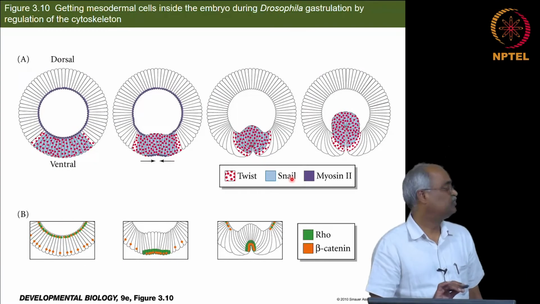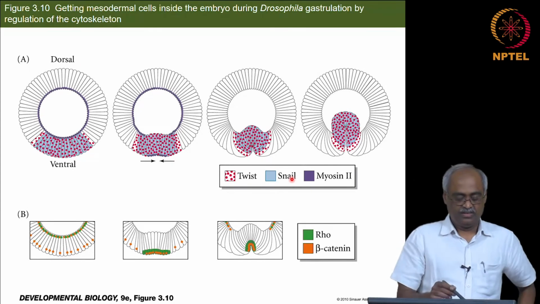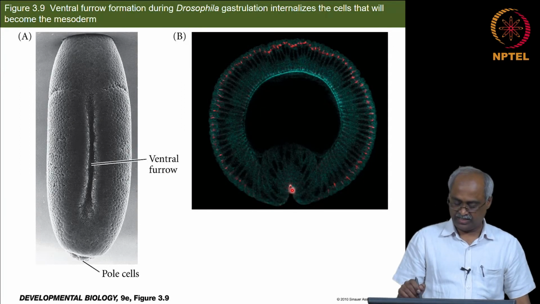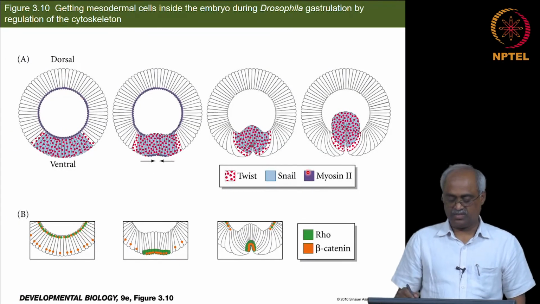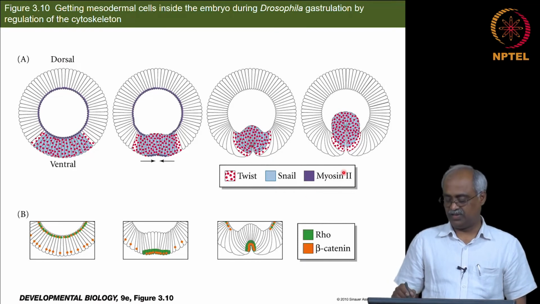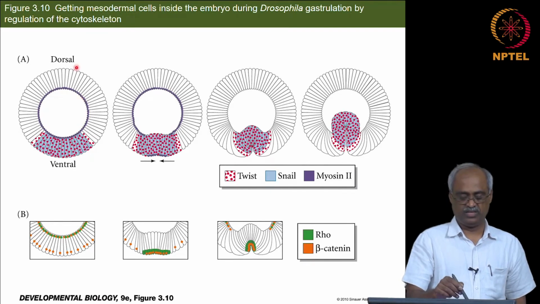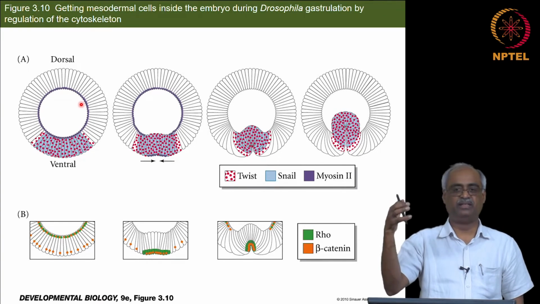Yeah. So, this gives you a good idea of how these changes happen. This is the same cross section, at an earlier stage than when this invagination becomes visible. Here you have, for example, the non-muscle myosin equivalent in the fly, myosin 2, present on the basal surface. This is basal, this is apical, where you have the basement membrane, that is the basal where the cell is attached, and the other side, the exposed side, is the apical.